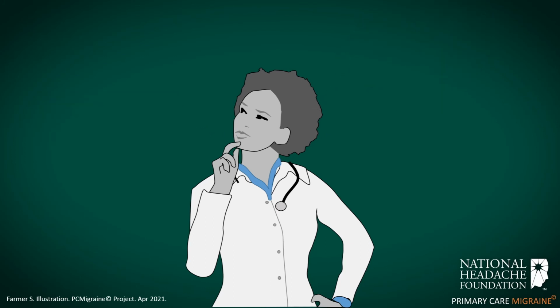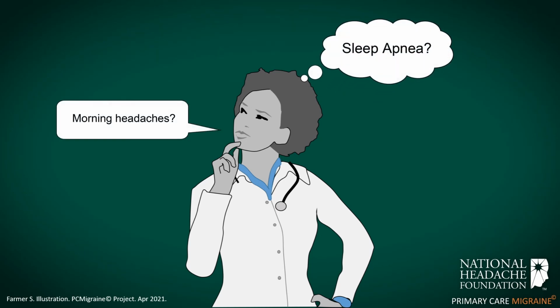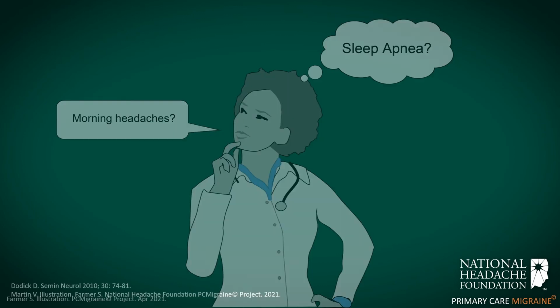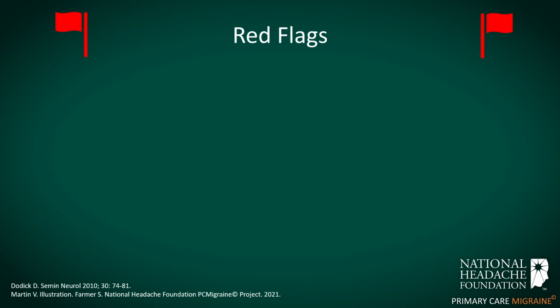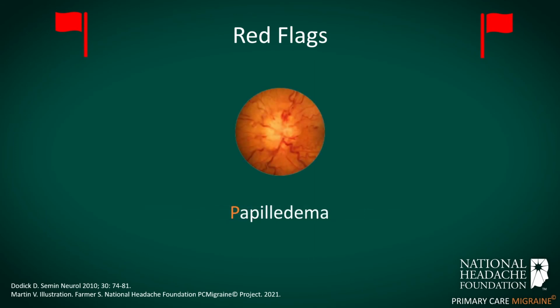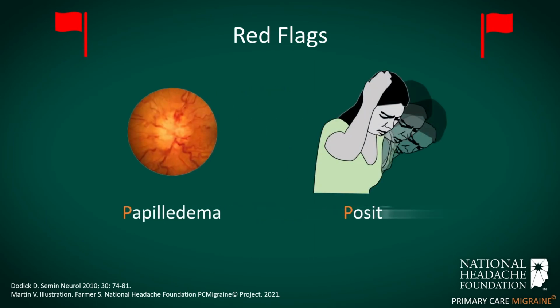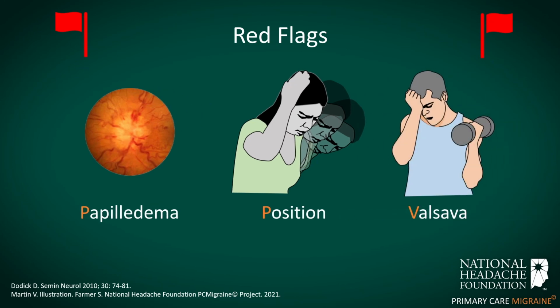And finally, you need to consider sleep apnea with her morning headaches. So you must ask about snoring and daytime somnolence. She denied these symptoms. She has 3 red flags for a secondary headache disorder: papilledema, as well as headaches worsening by position and Valsalva.